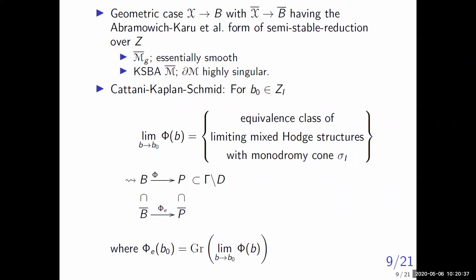On the other hand, when you go to algebraic surfaces, the Kollár, Shepherd-Barron, Alexeev moduli spaces, I'm calling them here M bar. So M, script M is the moduli space, M bar is the completion. Those tend to be highly singular along the boundary.